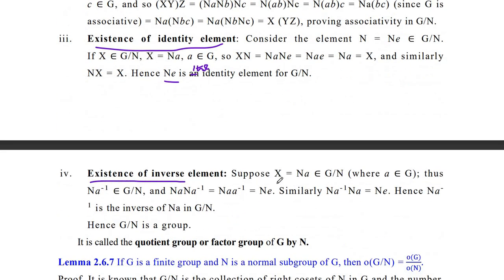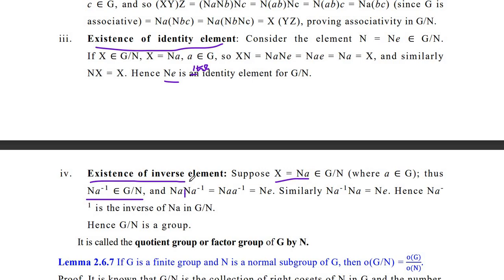Now for the inverse, we have to consider an element NA in G mod N, and if you consider NA inverse, that is also present in G mod N, because once you have A inverse as a member of G, automatically NA inverse will be a member of G mod N. So when we consider the product NA into NA inverse, because N is normal, you get NE, which is the identity element we have mentioned earlier.